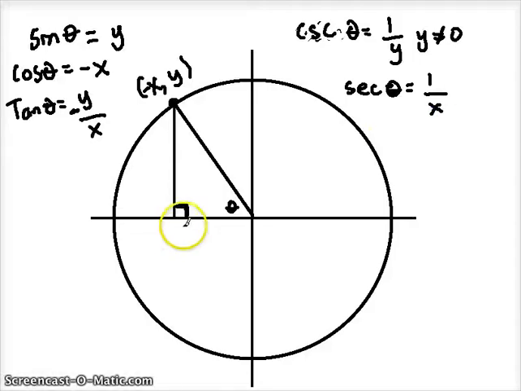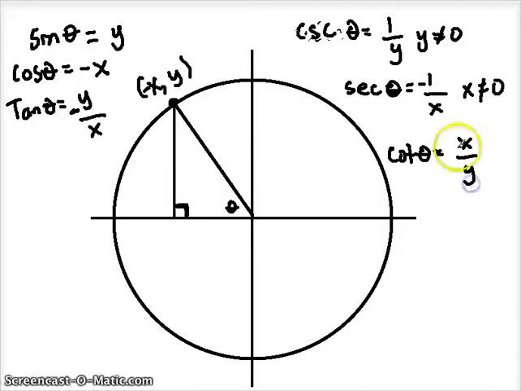But now, because we're in the negative x values, we have a negative 1 over x, and again, x is undefined if it equals 0. And the cotangent, the reciprocal of tangent, is going to be x over y, and again, our x values are negative, and again, y is undefined if it equals 0. All right, so that's everything in quadrant 2.